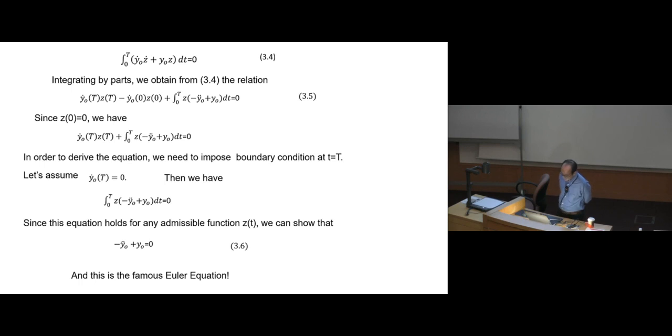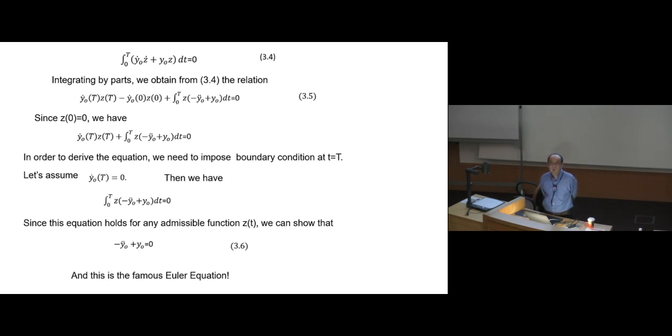The whole idea, how did we derive this? It's the same story as how we find the solution for a scalar function. There we want to evaluate the change of the function around the optimal point, and we end up with an algebraic equation: the derivative has to be 0.